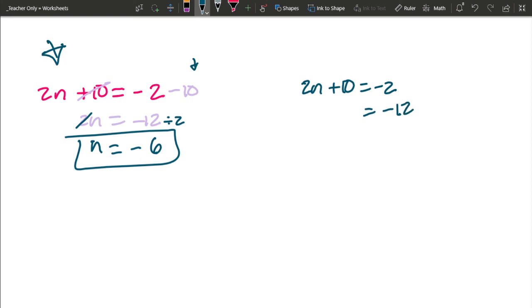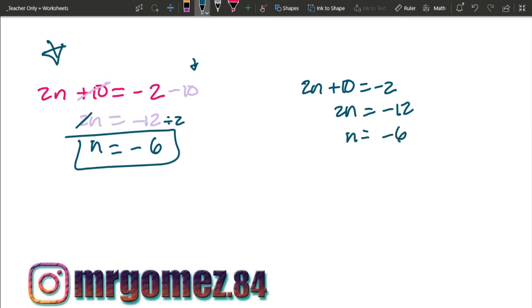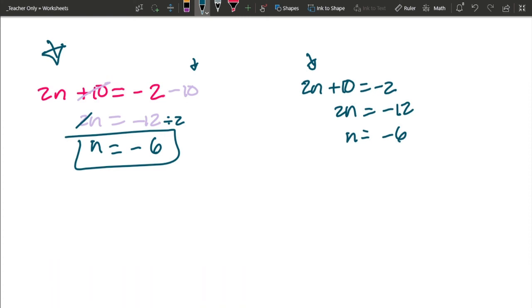That cancels this out, so I'm left with 2n. Then I know I'm gonna have to divide by 2, so n equals -6. I just do it in my head. Now, if you can do that on these blue steps and the black step in your head, by all means. At the end of the day, the answer is the same either way.